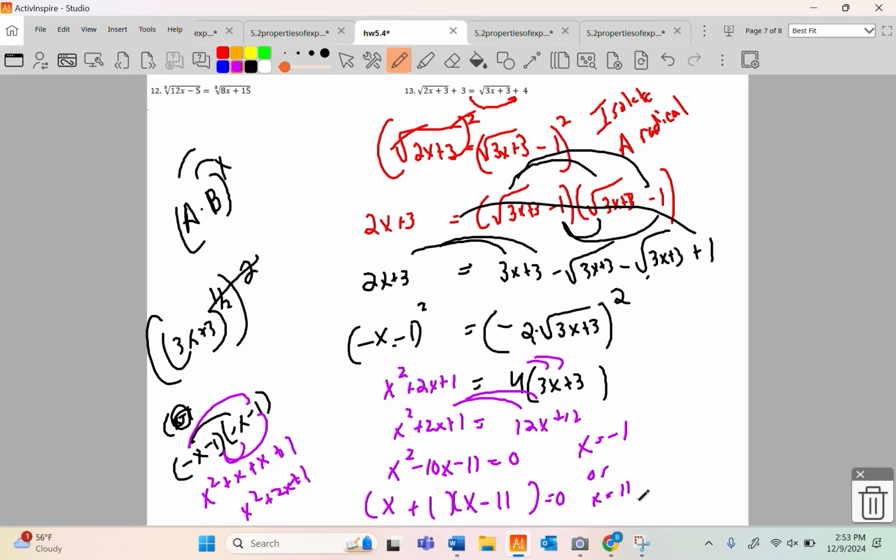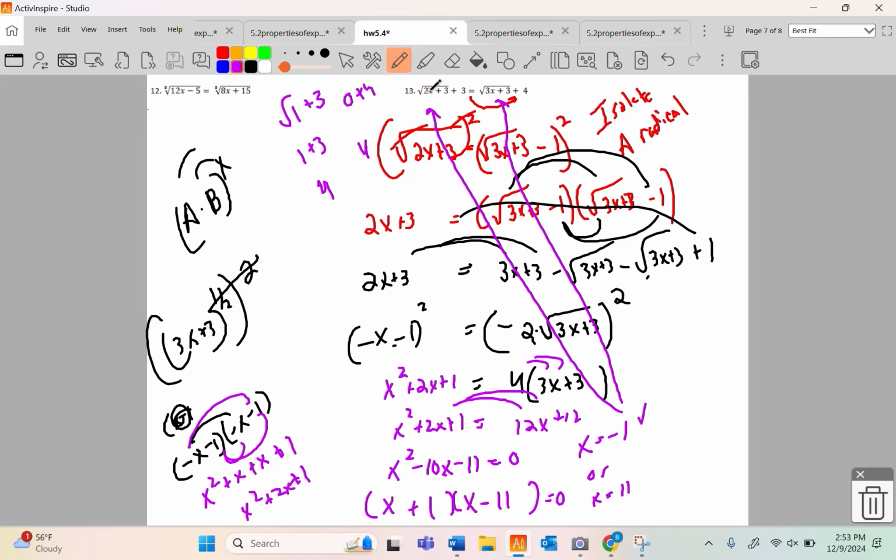Now, do these answers make sense? Okay, so let's put a negative 1 there and a negative 1 there. This becomes negative 2 plus 3. It becomes root 1 plus 3, which is 1 plus 3, which is 4. This becomes 0 plus 4, which is 4. So pass the test.